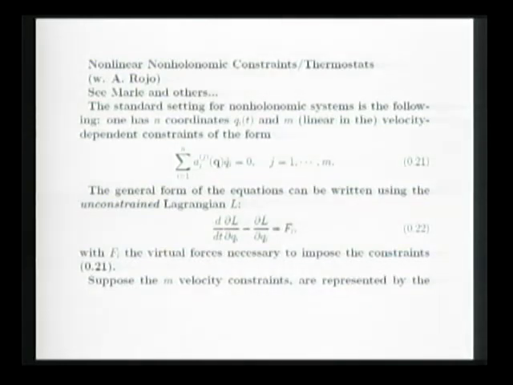But one of the things that we looked at was the thermostat, which is, again, a rather interesting physical system. The thermostat is a system in connection with a heat bath. So basically you have some sort of isolated system, you connect it to a heat bath, and it keeps the kinetic energy constant as opposed to the whole energy. And that really is a nonlinear constraint.